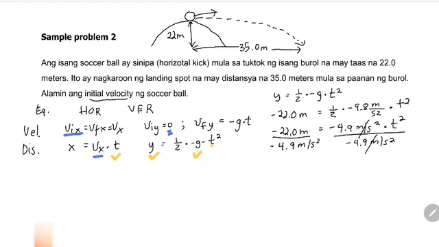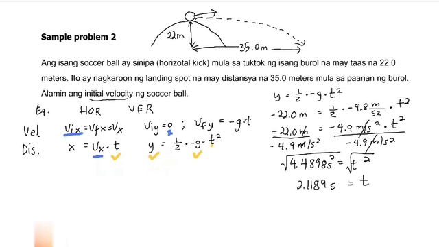So 22 divided by 4.9 is 4.4898. Positive na siya in seconds squared because you will cancel the meters. Put this inside a square root. The square root of that is 2.1189 seconds time. Okay, that's our time.